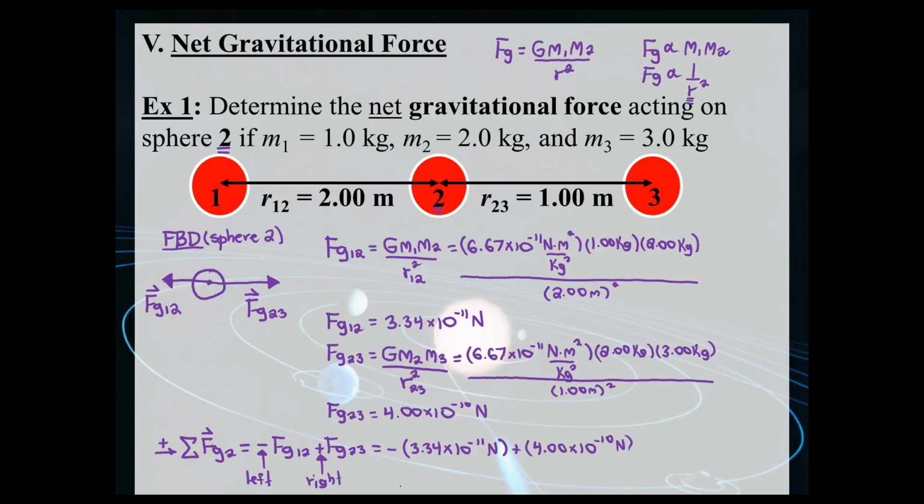And then that's going to give me the net gravitational force acting on object 2 is going to be a positive number. And now let's go to 2 significant digits. 3.7 times 10 to the negative 10 newtons. And then brackets, we'll also clarify what the positive means. The positive, according to our sign convention, means it's towards the right.